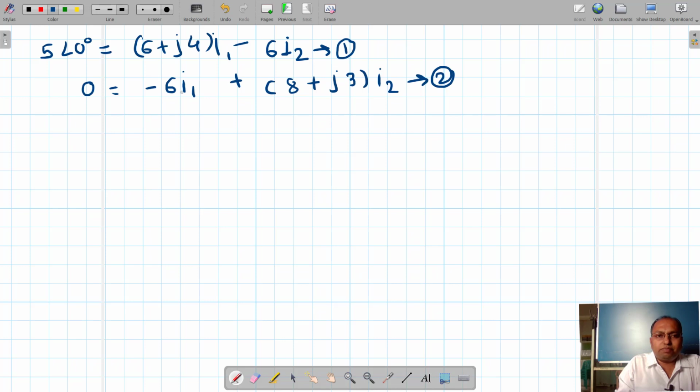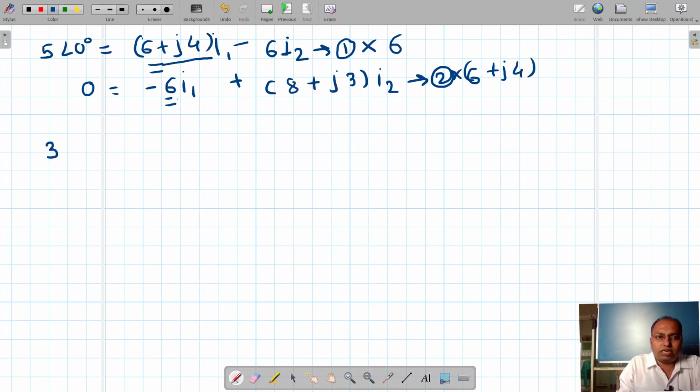Now let us make the I1 terms common. So let us multiply equation number 1 by 6 and multiply equation number 2 by the bracket 6 plus J4. So multiplying equation number 1 by 6, 6 fives are 30.